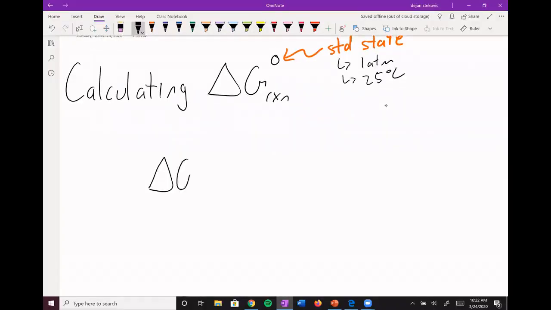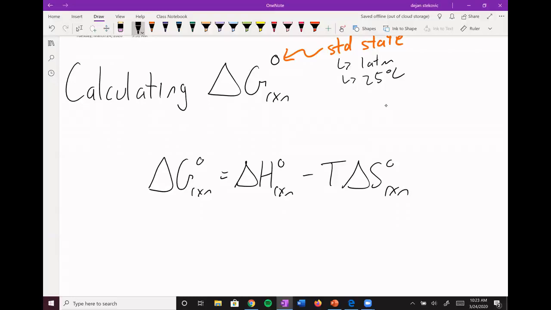So from our previous lesson, we know delta G of reaction is equal to delta H of reaction minus T delta S of reaction. So we can see here that delta G is going to be a sum of these things, and so you know that the delta H of the reaction will be the H of the products minus the H of the reactants.